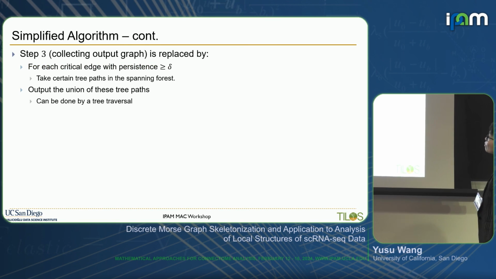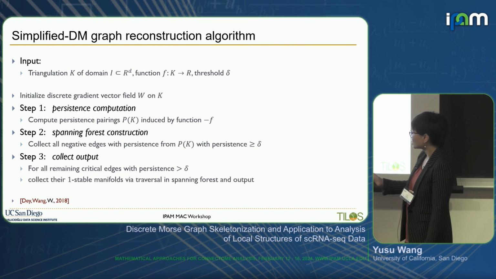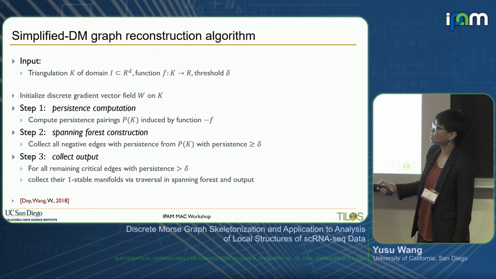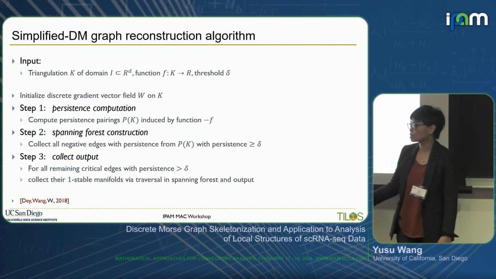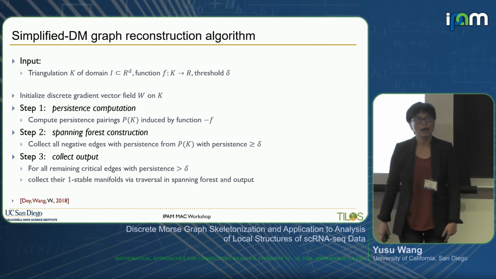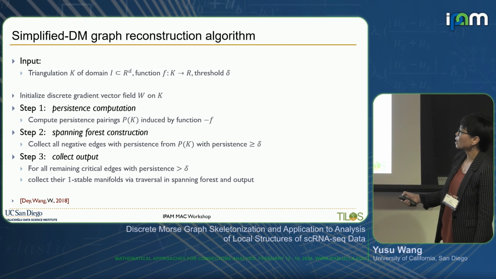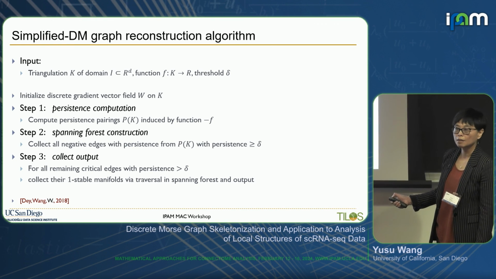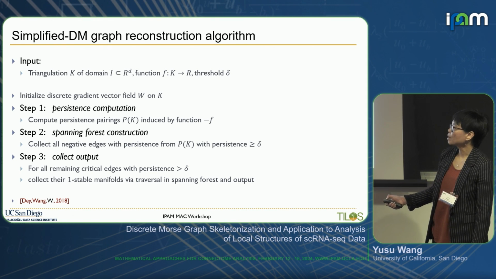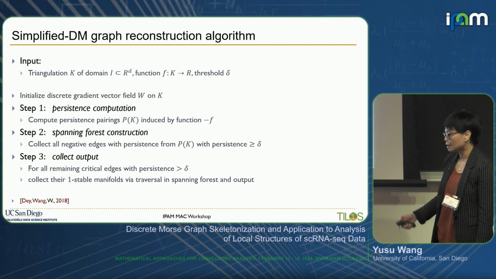So essentially, this is a new algorithm. The first step is persistence computation, which is a black box that we have to use, okay? And then once you finish with the persistence, you just do a linear scan to collect all these negative edges, as I said, and then pick all the remaining critical edges with persistence bigger than delta, and do certain tree traversal to get your one stable manifold. That's it, okay?